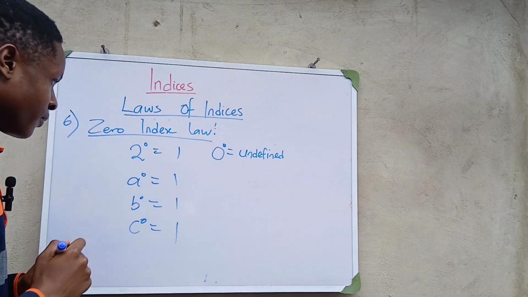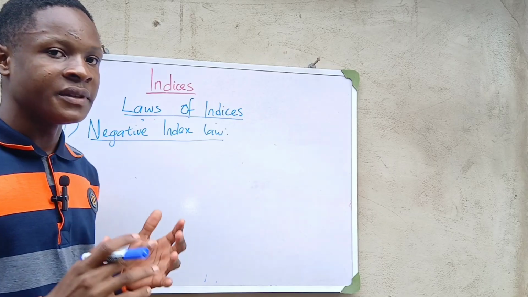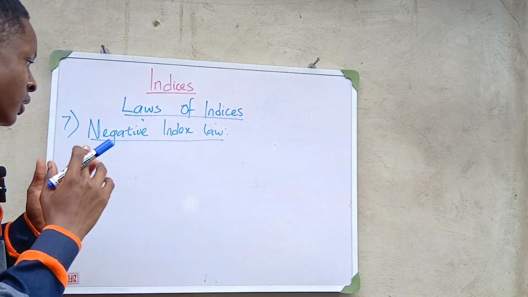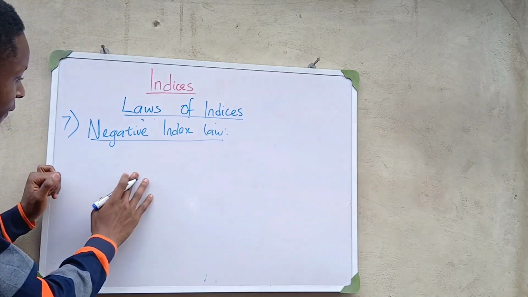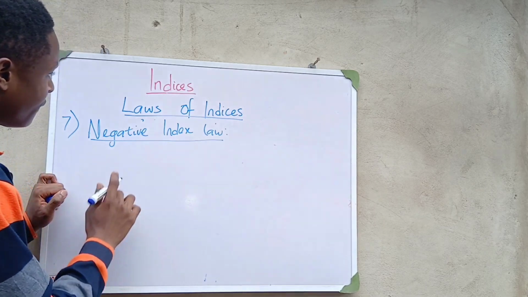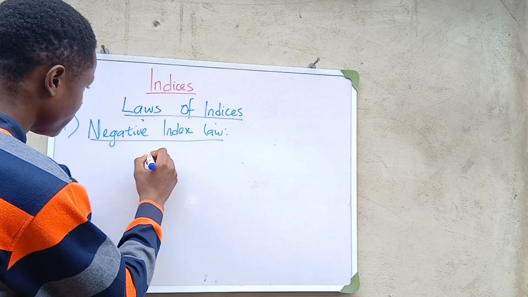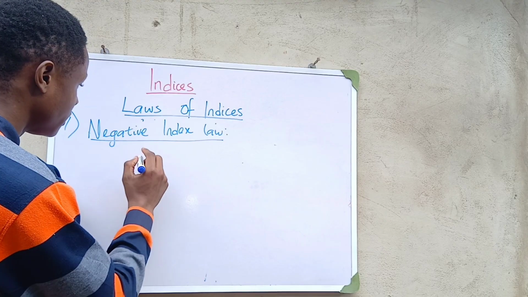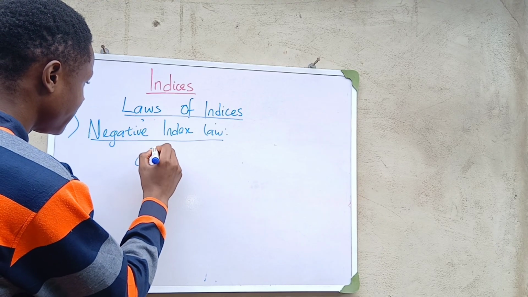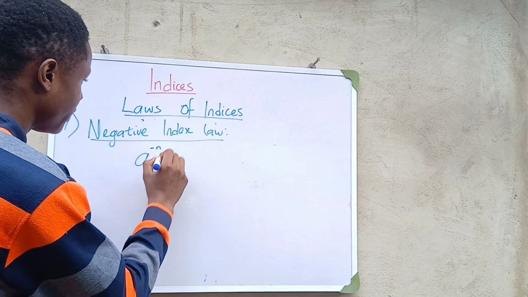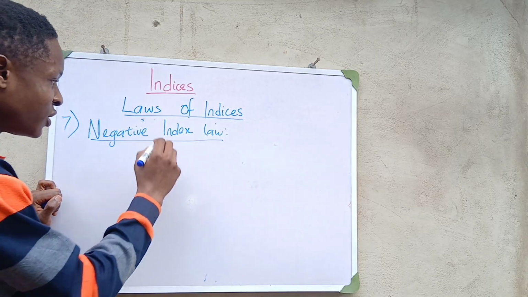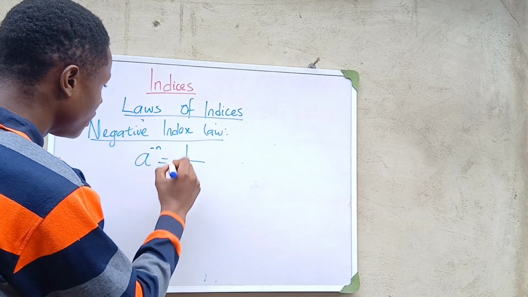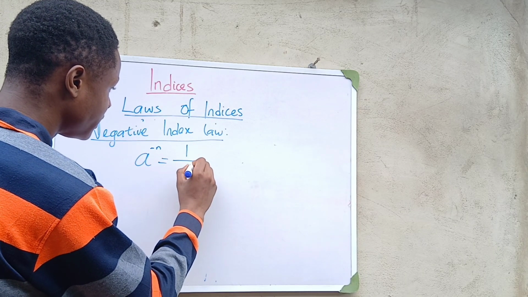So the seventh law we have is the negative index law. When we have a number or a variable that is a base with a negative index, say minus n, our value is going to be the reciprocal of the base with a positive power.